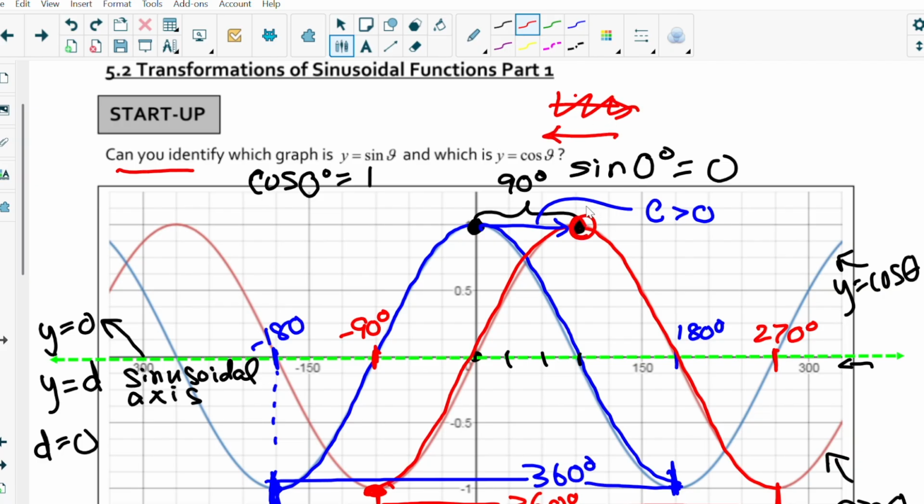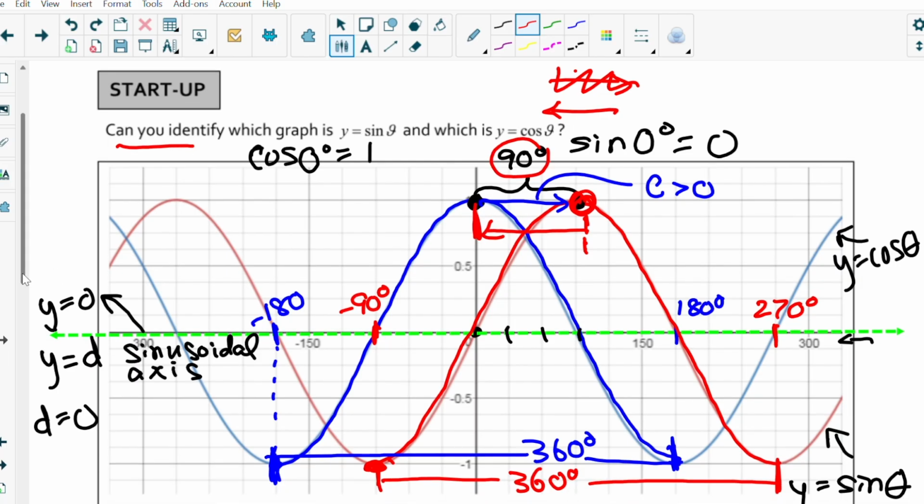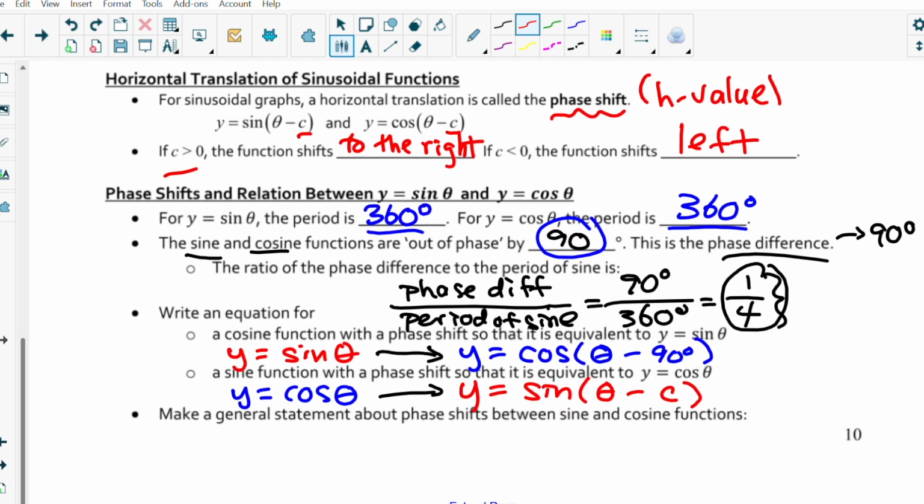If I start here, I need to get here to match the cosine graph. So I need to go left 90 degrees. When I go left 90 degrees, that's negative 90 degrees, so that ends up equaling y equals sine of theta plus 90 degrees.